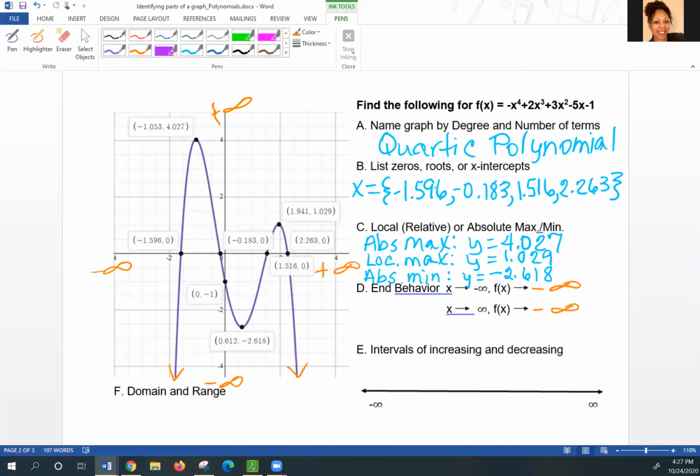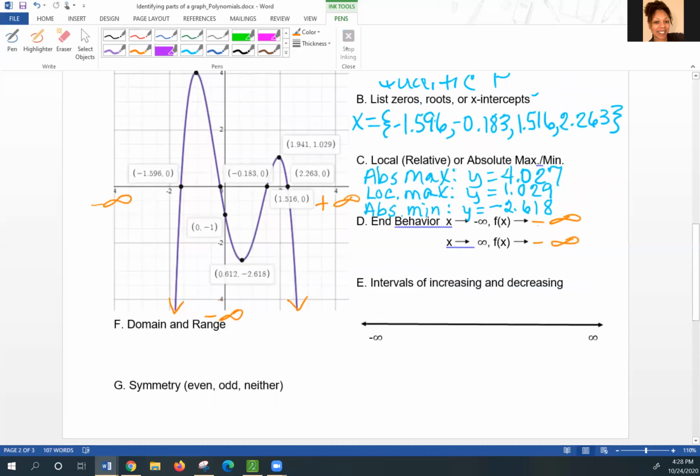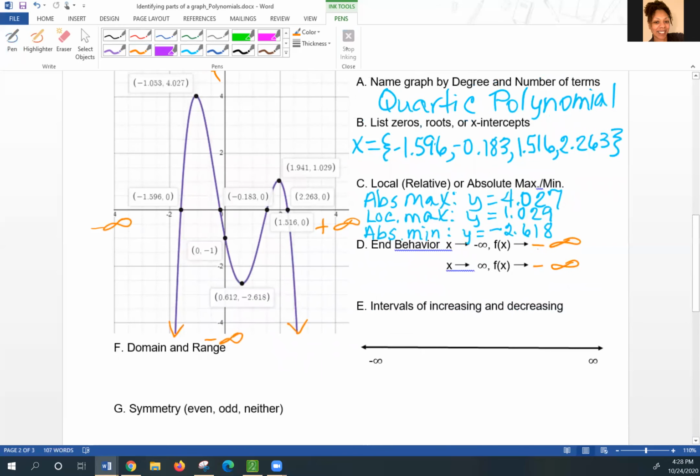If I want to, again, discuss the intervals of increasing or decreasing, I want to draw a little number line that'll help me organize my data. And I am referring to my x values. So let me pull this down so I can see that. All right, so as I'm coming from negative infinity on the x, what happens to this graph?